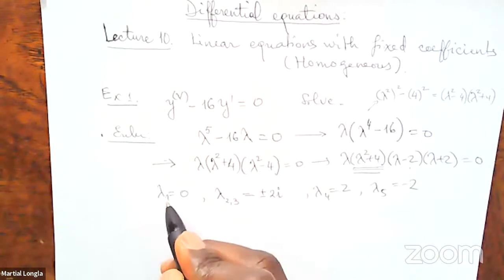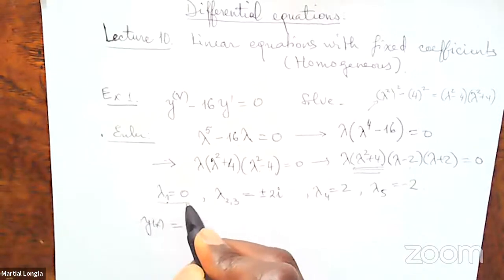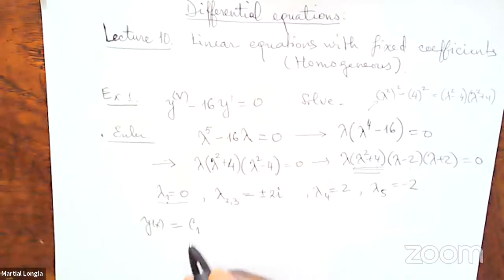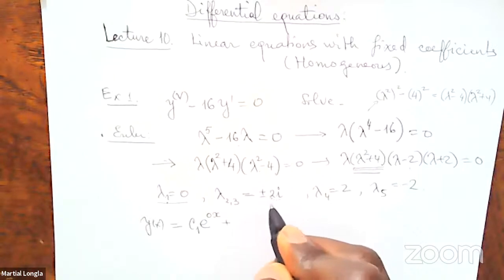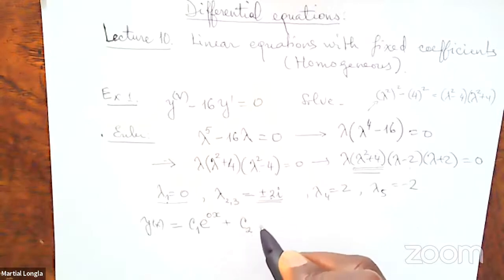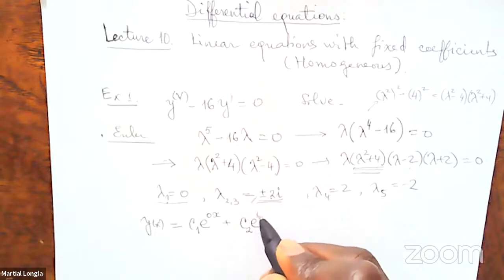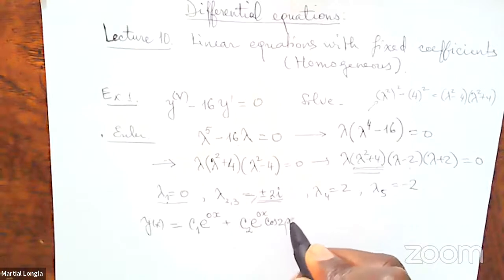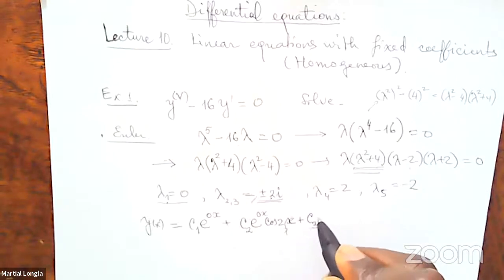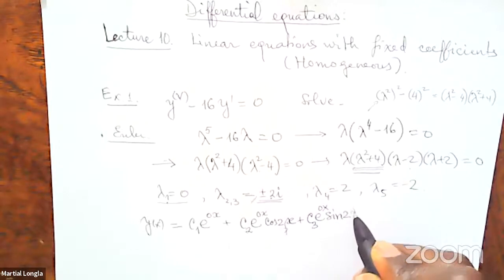So here you are going to have y of x equals c1. This root is a simple root by itself, so that's e to the 0x, plus, this is two complex conjugate roots, so that is going to be c2 e to the, and alpha here is 0, so that's 0x, cosine of beta, which is 2x, plus c3 e to the 0x for alpha, sine of 2x for beta.